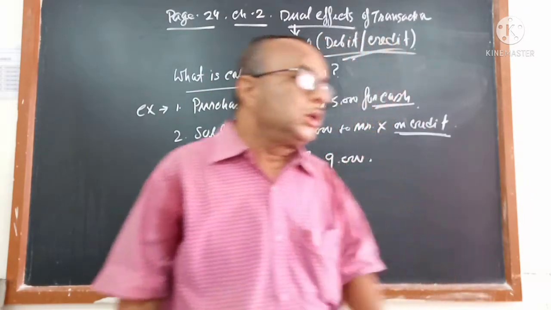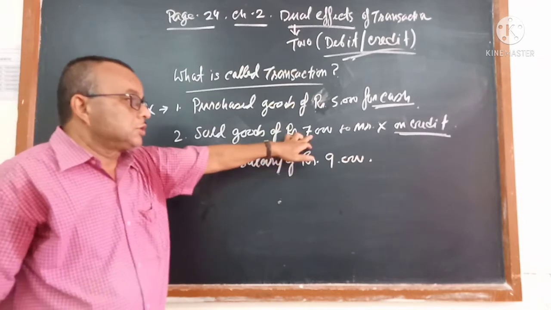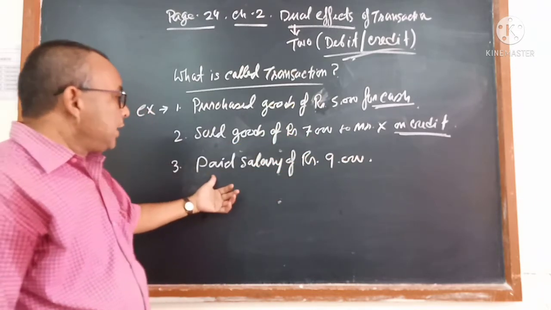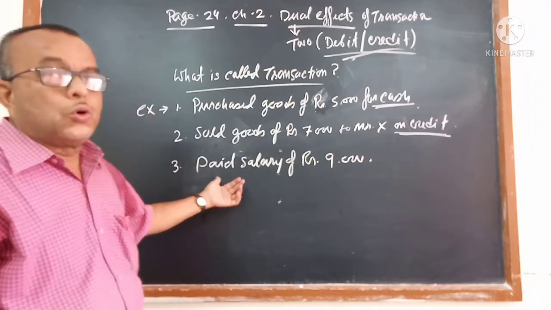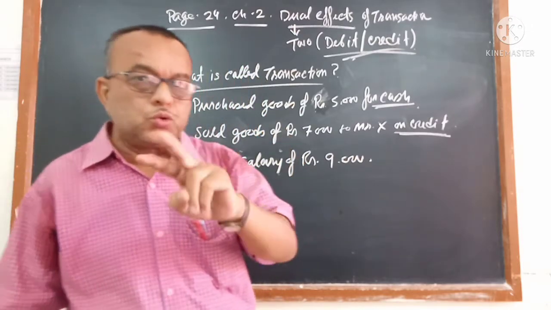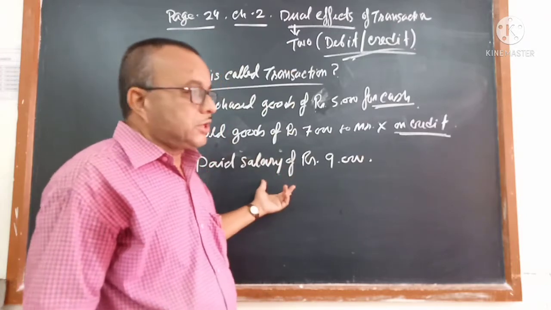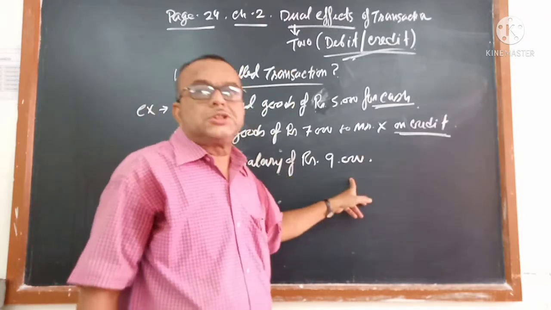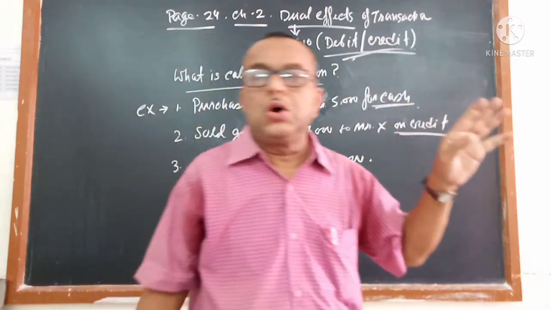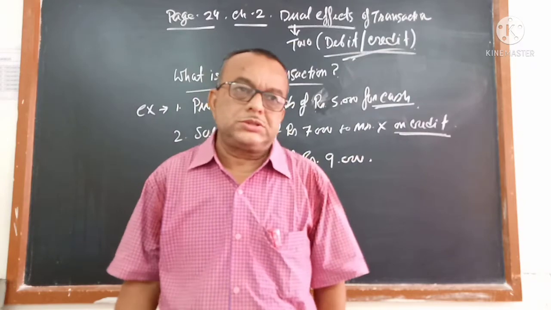Somebody told that I will pay the money, and the third point is also measured in terms of money. Third is paid salary of rupees 5,000 to your employee. So one is the employee and there is you. Two persons are there, cash and services are exchanged, and it was measured in terms of money. So you clear it, all three are transactions.